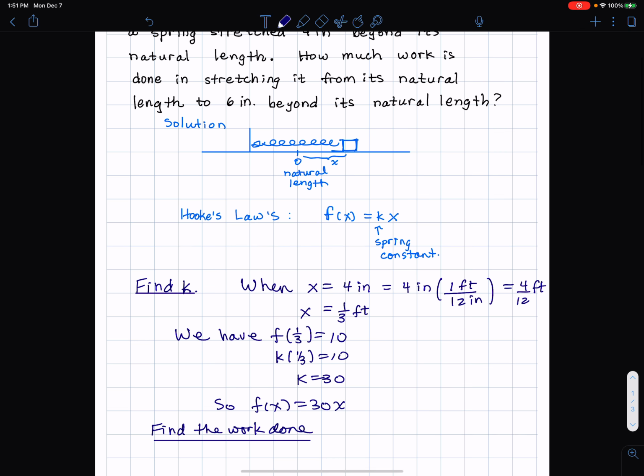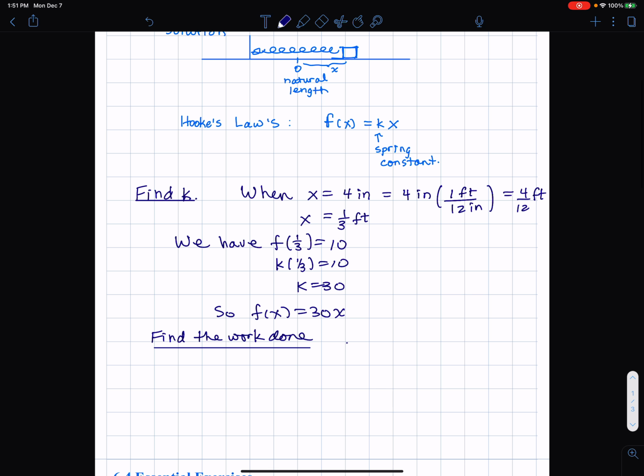How much work is done to stretch it from its natural length to 6 inches beyond its natural length? So the natural length I'm going to describe as 0 feet, and then the 6 inches is 6 inches times 1 foot per 12 inches, and that's 0.5 feet.